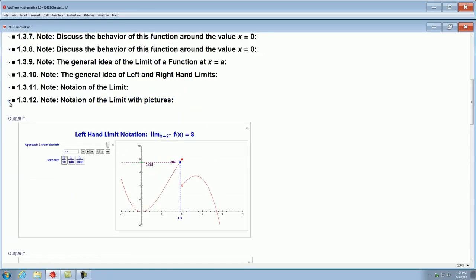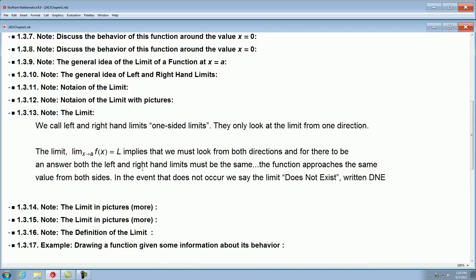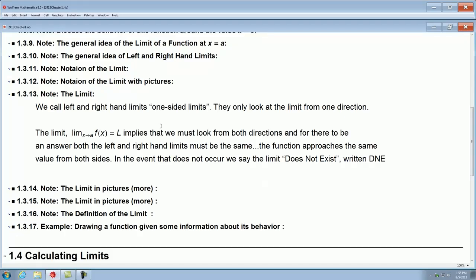All right, moving right along here. We call the left and right hand limits one-sided limits because they only look at the limit from one direction. The limit without putting the plus or minus means that you have to look from both directions. For there to be an answer to this limit, the left and right hand limits must be the same.